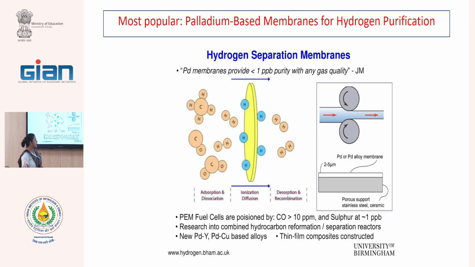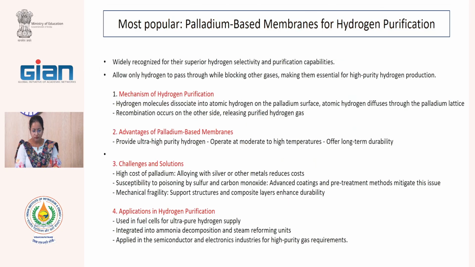Now, one thing, as I was telling you, palladium membranes are very popular nowadays in hydrogen energy. In all stages, preparation, storage and application, hydrogen is very popular. But one thing we have to be careful about is the reaction with sulfur. We have to control the reaction with sulfur so that it does not pollute our membrane, or we do not lose the efficiency of the membrane.